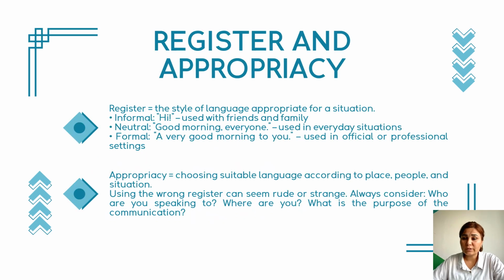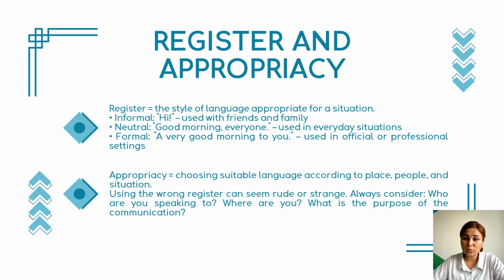Register and appropriacy. Register is a style of language appropriate for a situation, according to formal, neutral, or informal. For example, in the informal version, "Hi"; in neutral, "Good morning, everyone." But in a formal way, we cannot say "Hi" to our teacher. Instead, we say "A very good morning to you." It's official and professional.